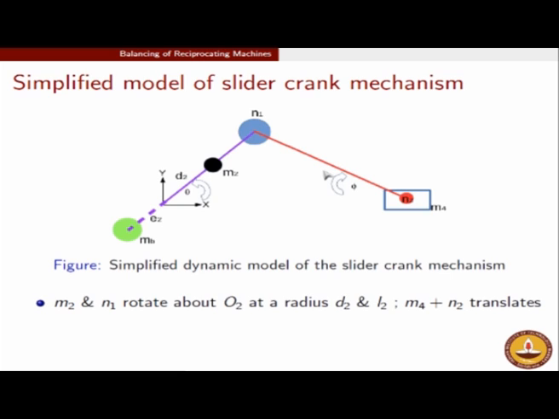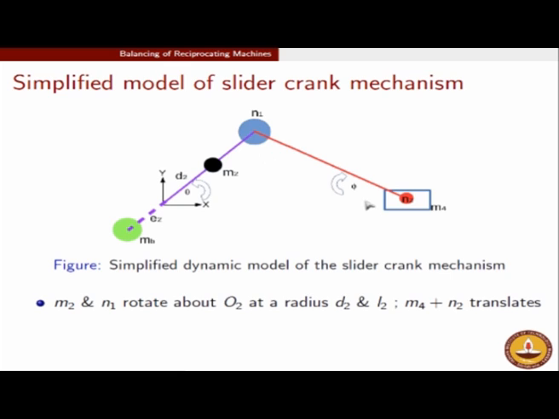The crank and pistons were easy. The crank, let us say it has a center of mass as indicated by this black dot. As the crank is rotating, there will be m2 omega square d2, which is the inertia force associated with the crank rotation.